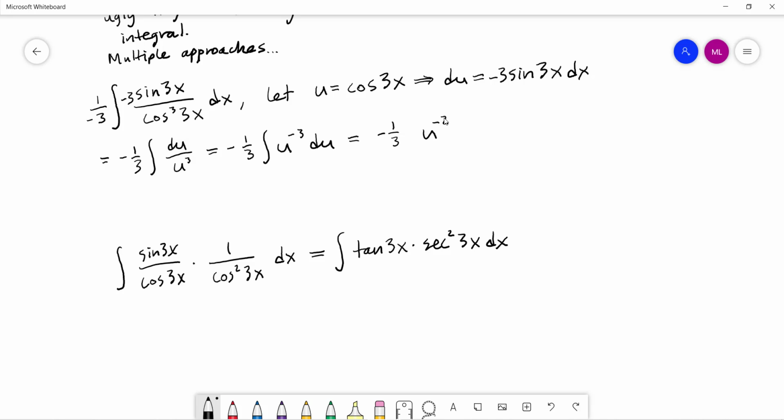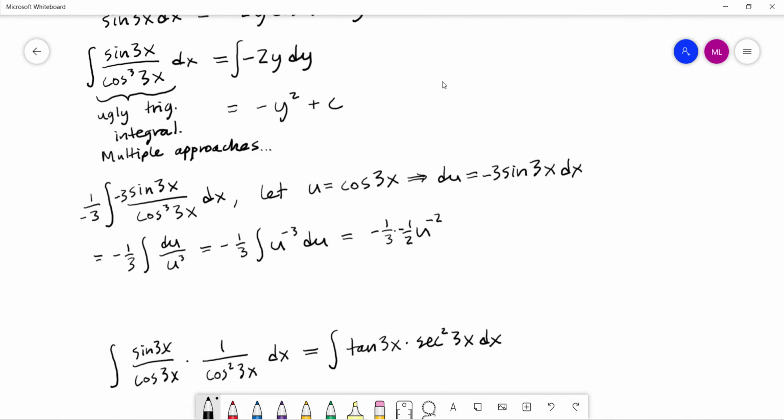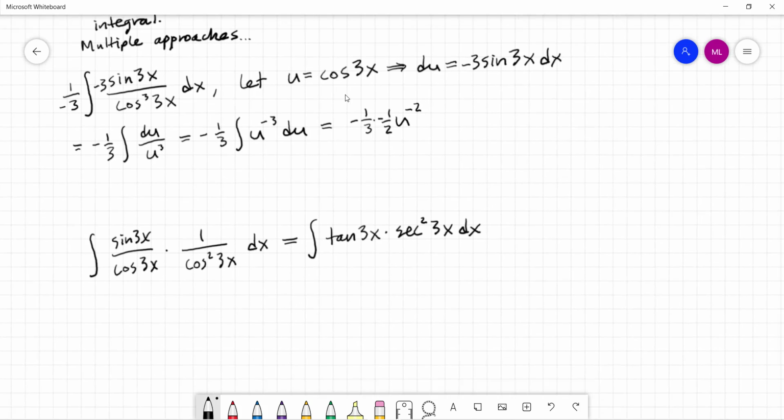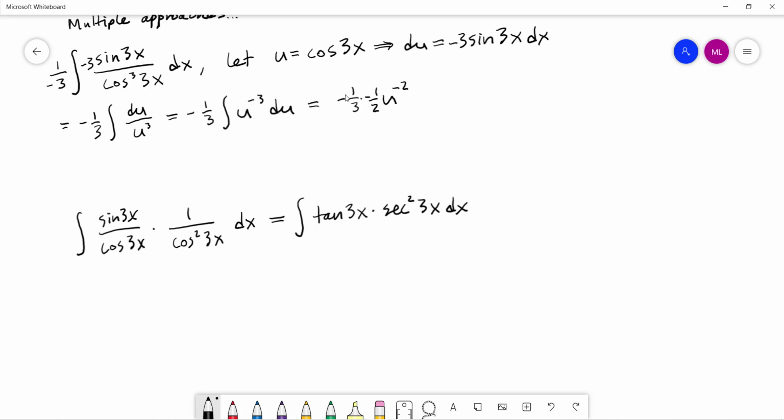And we just need to remember now, again, if I were to take a derivative, I'd get a factor of -2 here that I don't necessarily want. So I'm going to put a -1/2 as well. And I've got my plus c, but did I already account for my plus c up here? Okay, good. I already put my plus c here, so I don't need it again down here. And it looks like, what do I get? 1/6 u to the -2, where u is that cosine term.